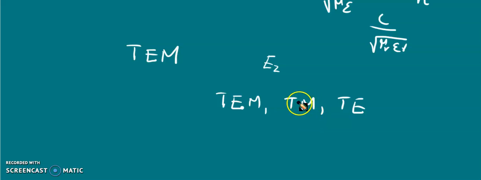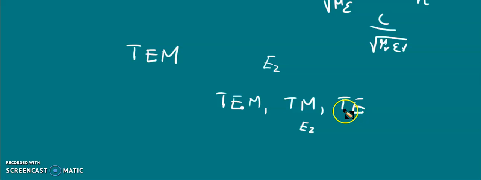So, TM mode is transverse magnetic mode. That means the magnetic field is only transverse or perpendicular to the direction of propagation, and therefore it has got a longitudinal electric field component, an electric field component along the direction of propagation. And the other mode is TE mode, which is transverse electric mode.